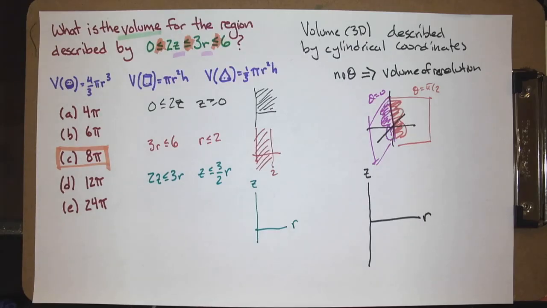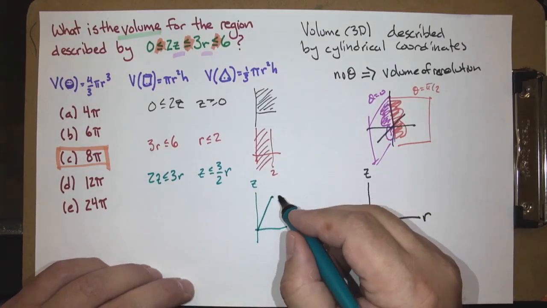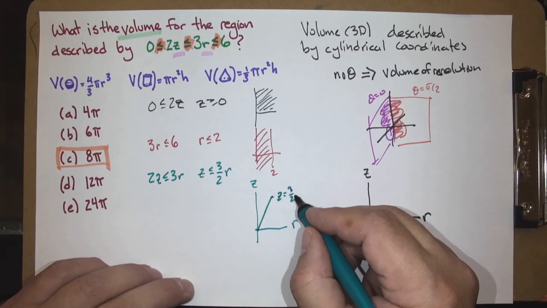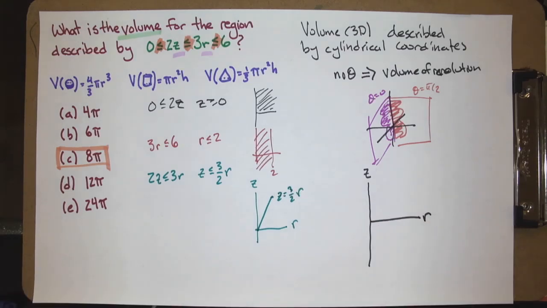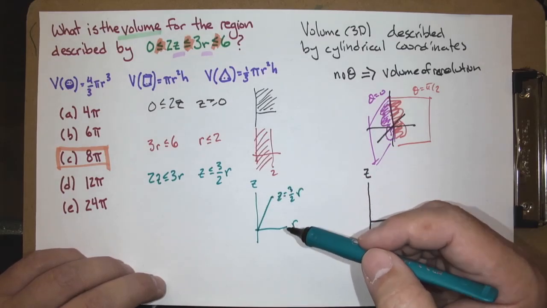What would you say? Line. So what would you say if you said z = (3/2)r? Line. Right? These are just symbols. We can change what we call things. So we say, oh, there's this line going up at z = (3/2)r. Now, I want z to be less than or equal to (3/2)r. So, am I above the line or below the line?